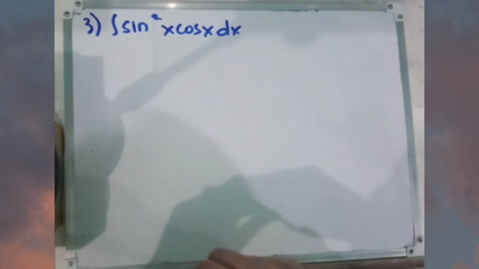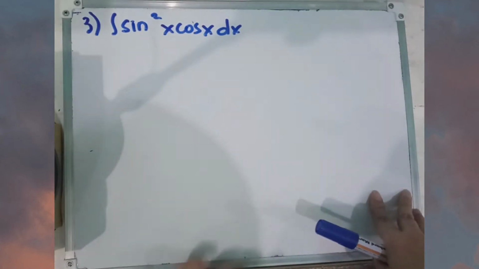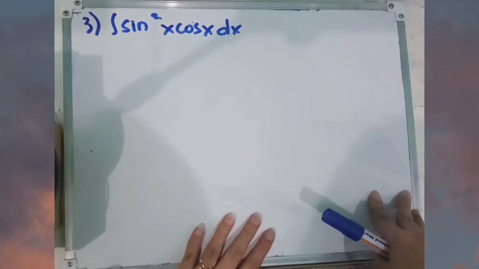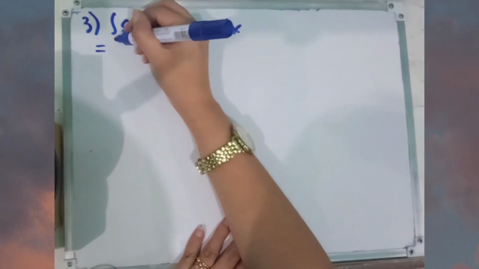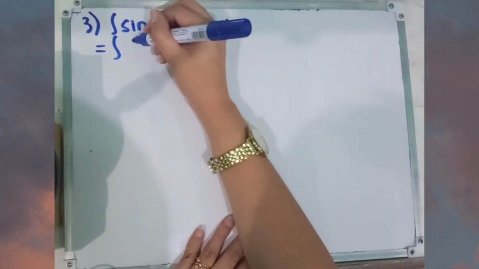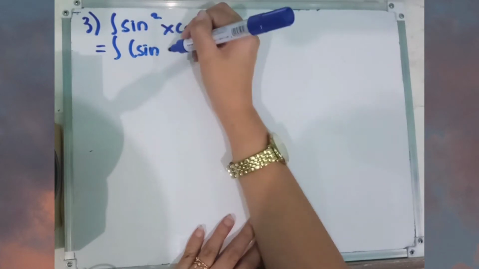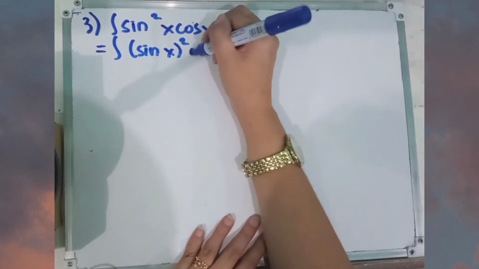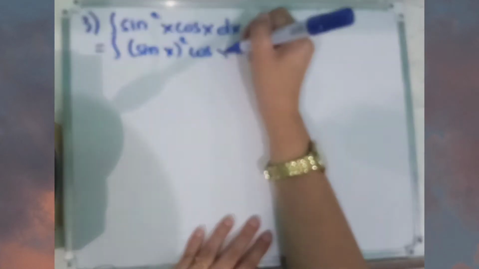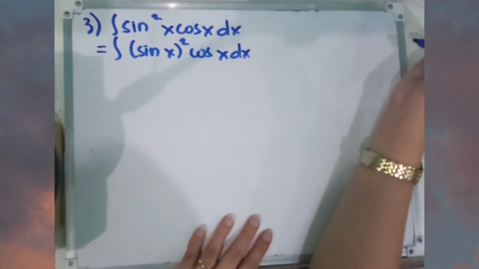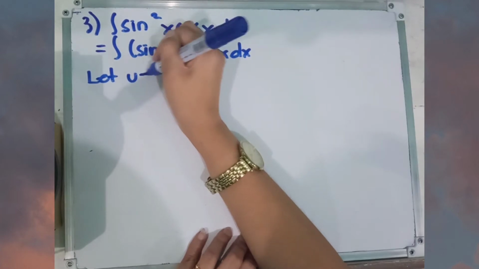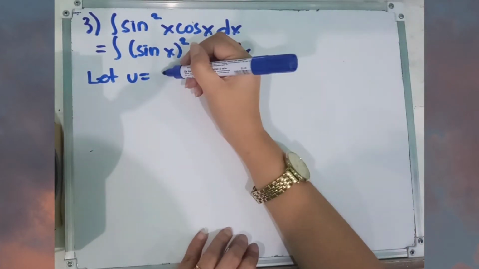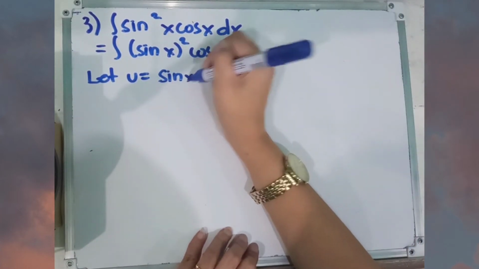For our third example, we have the integral of sine squared x cosine x dx. We can rewrite this function as the integral of sine x squared cosine x dx. So we can let u be sine x.